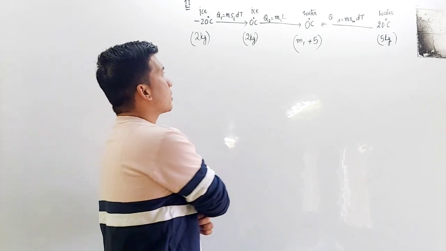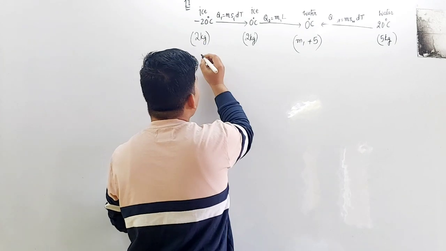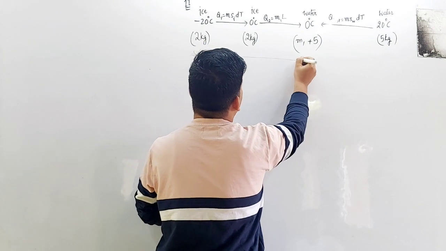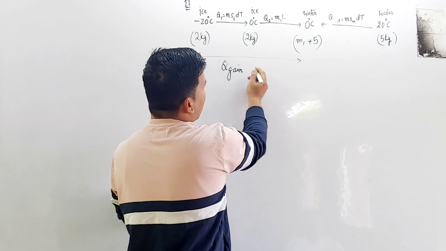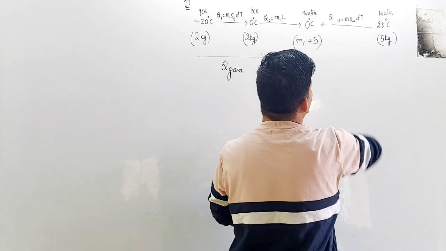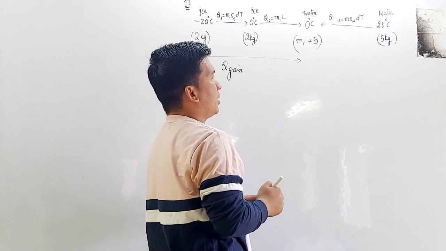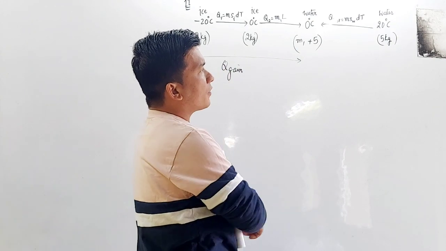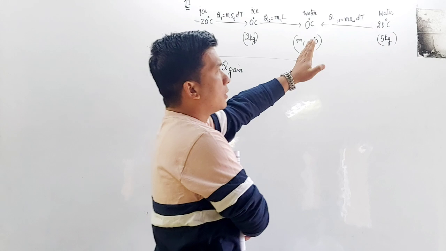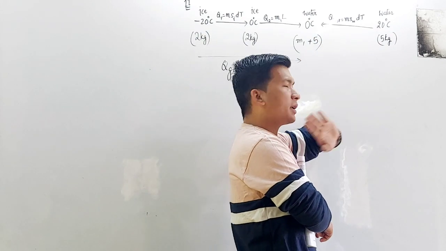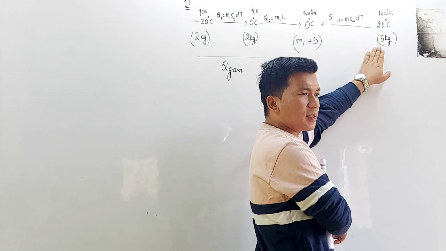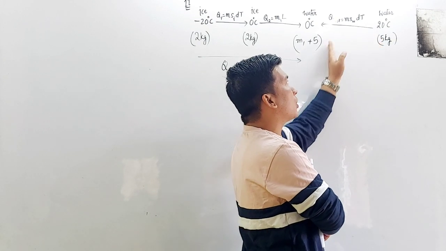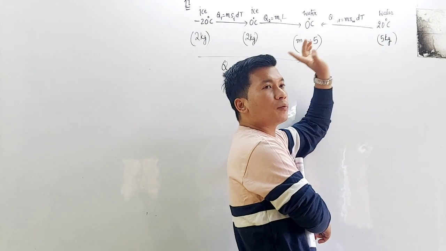Our melting process will be our heat gain, and the cooling down is heat loss. Very simple. So 5 kg of water at 20 degrees Celsius, listen very carefully, cools down to 0 degree water.